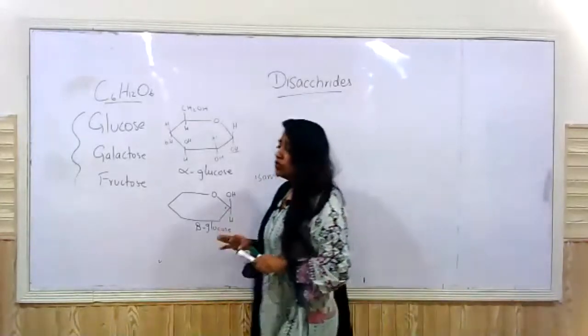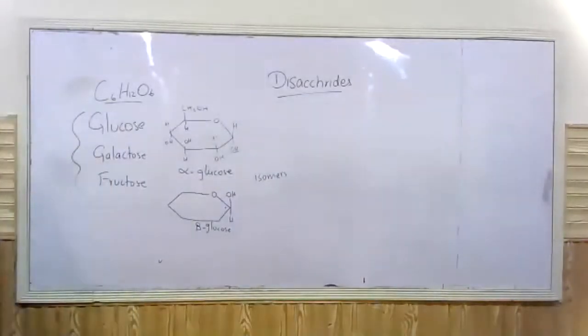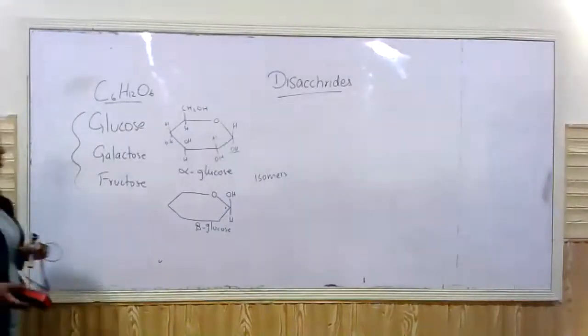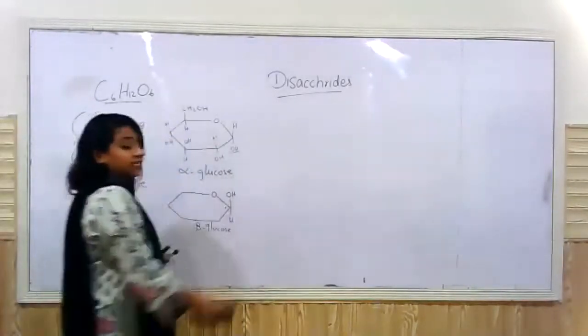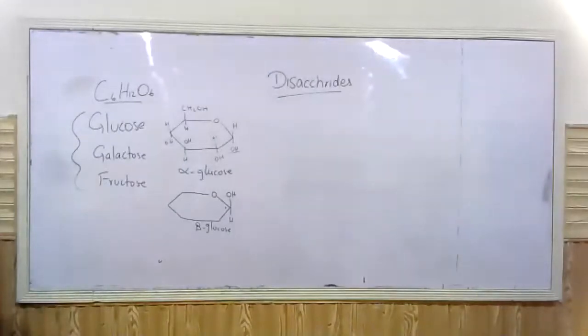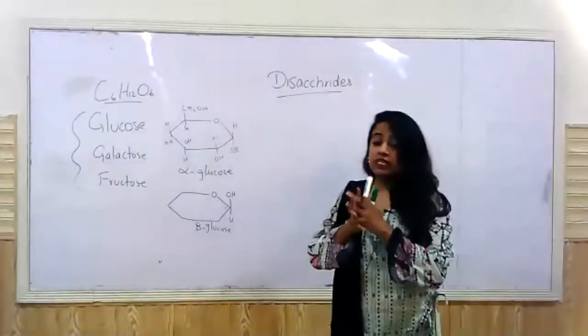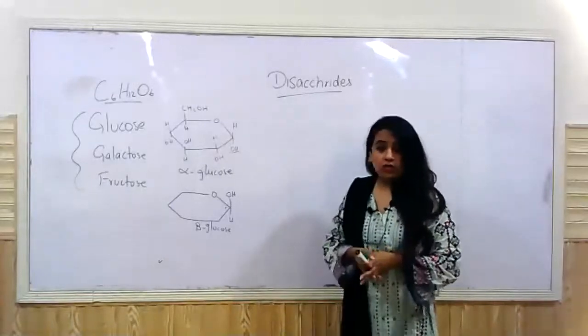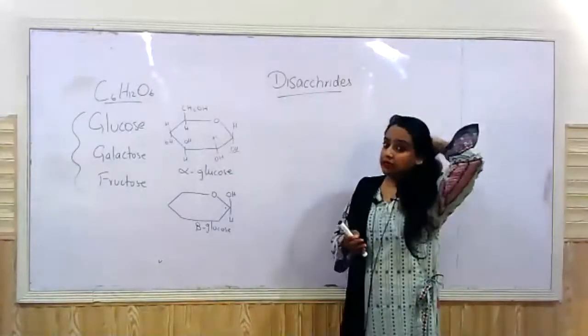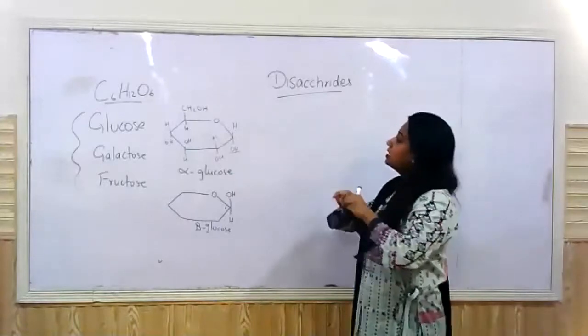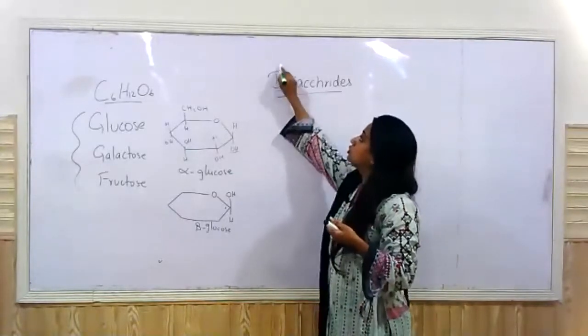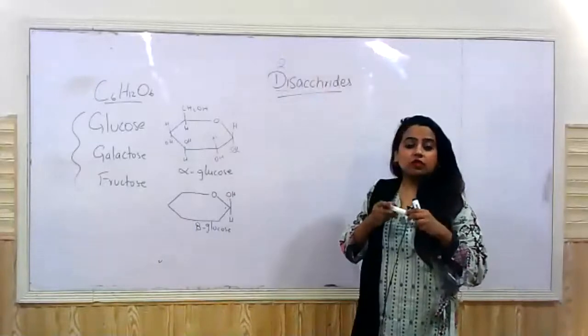So moving on to the disaccharide molecule now. As the name indicates, di means 2, right? So when 2 sugar molecules join together by forming a bond, they form disaccharides, right? Saccharon means sugar, right?